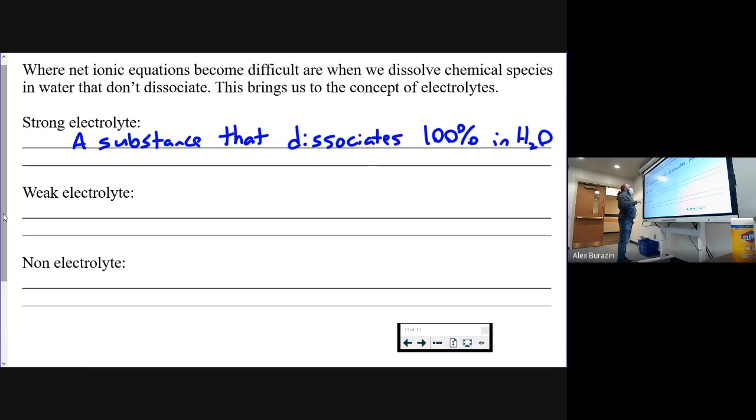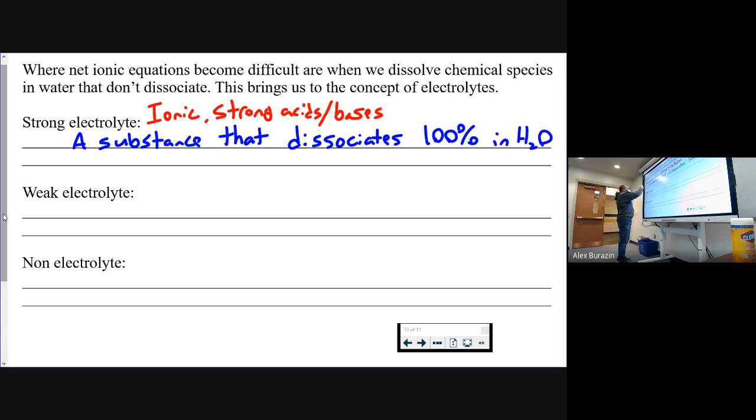We have ionic compounds, strong acids and bases. We haven't talked about acids and bases yet this year. It's coming. We'll talk about acids and bases in this unit. But generally speaking, your strong electrolytes are ionic compounds and strong acids and strong bases. Those are the 3 categories that we, more than any other category, identify as strong electrolytes. Something that's a strong electrolyte dissociates when it's in water.